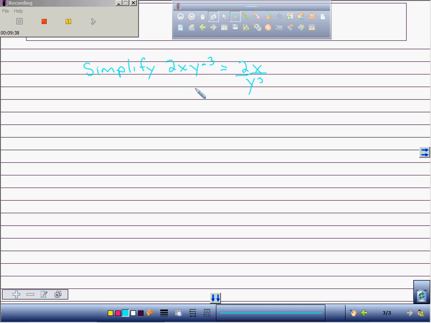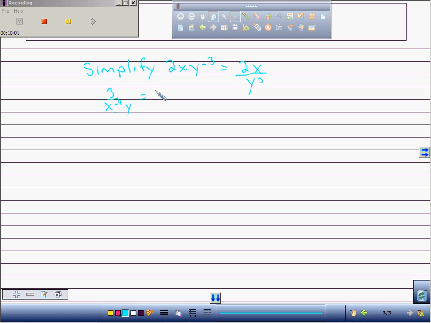What if I had something like 3 over x to the -4th y? Simplify? Who can tell me how I write that without any negative exponents?